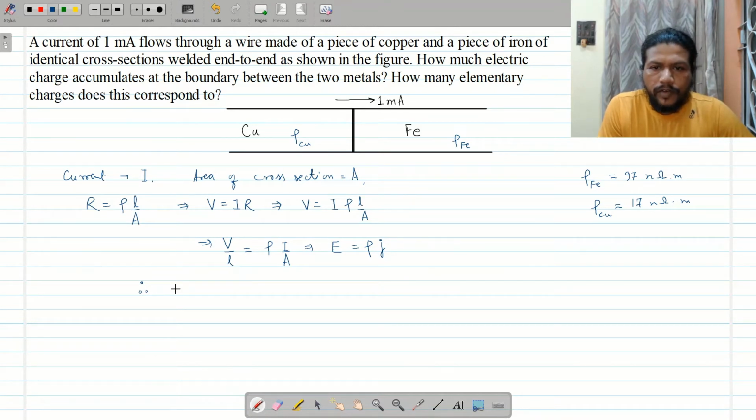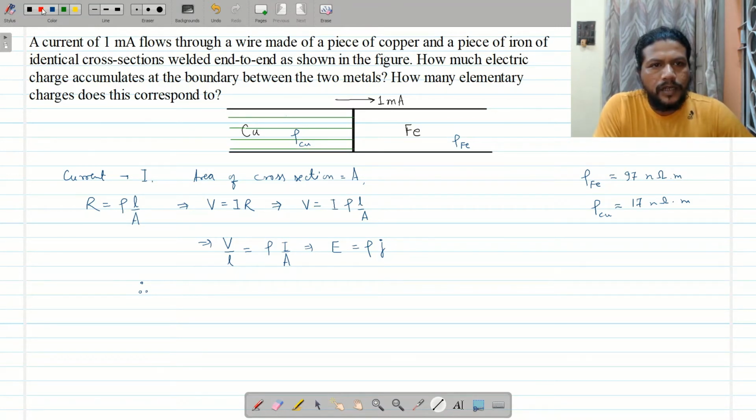So we can just draw a couple of field lines. The resistivity for copper is smaller, so the electric field must be smaller as well. So I can draw a few field lines. In copper, let's say I draw 4 lines. It will be a uniform field.